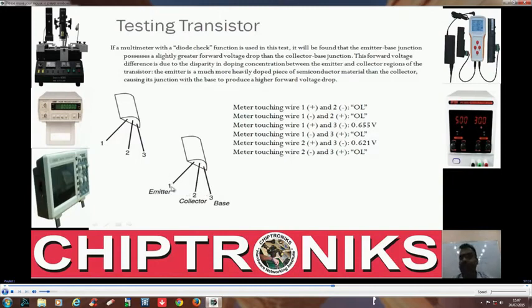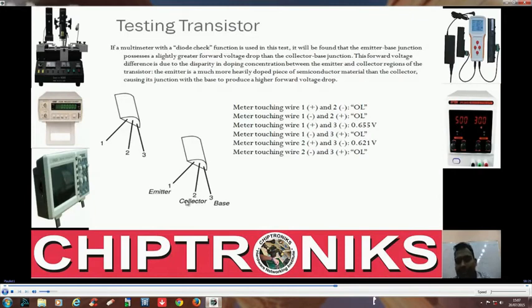So for any kind of transistor, be it NPN or PNP, the voltage drop, the junction potential, as I said earlier, in the diode range the digital multimeter shows the junction potential drop across the PN junction.